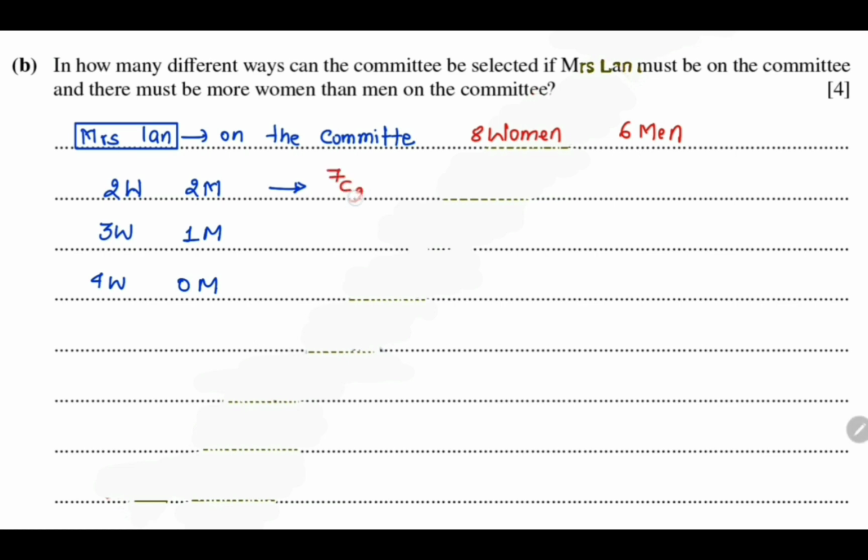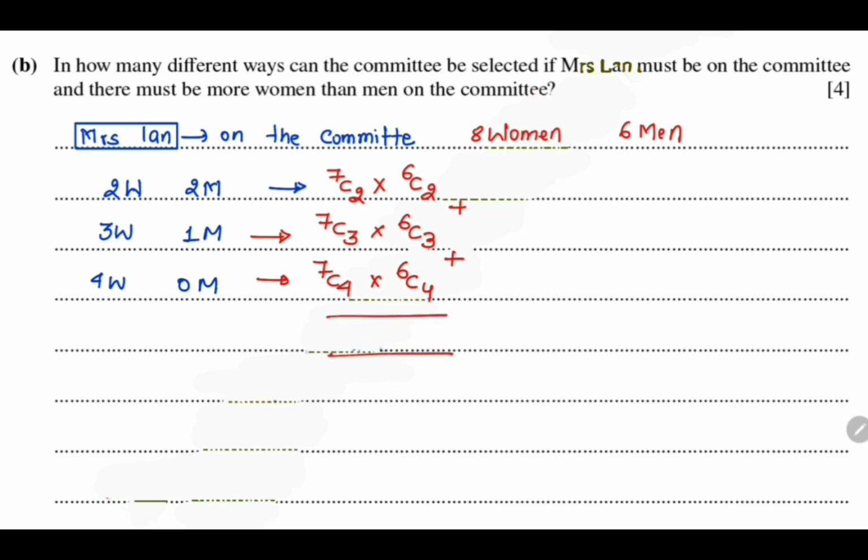So 7C2 into 2 men out of 6, which is 6C2. Similarly for 3 women, 7C3 into 6C3, and this gives us 7C4 into 6C4.